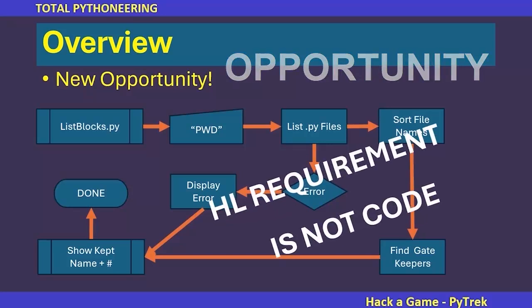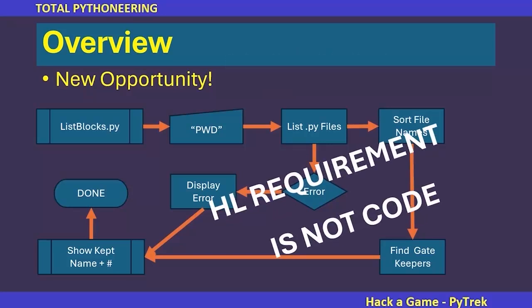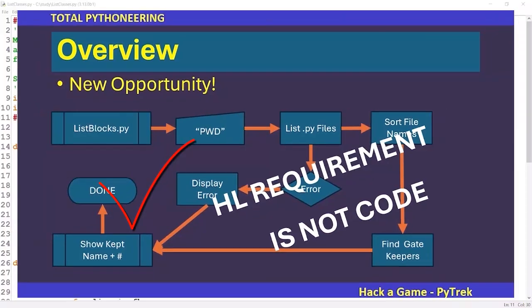So diagramming isn't really necessarily evil, and then more importantly, as we look at our code, we'll see that this is indeed a high-level requirement. It's not necessarily telling us how we're going to write our code, simply what we need to do in order to test properly, as well as to make sure that everybody agrees that the way things work is the way things are supposed to work before we write a single line of code.